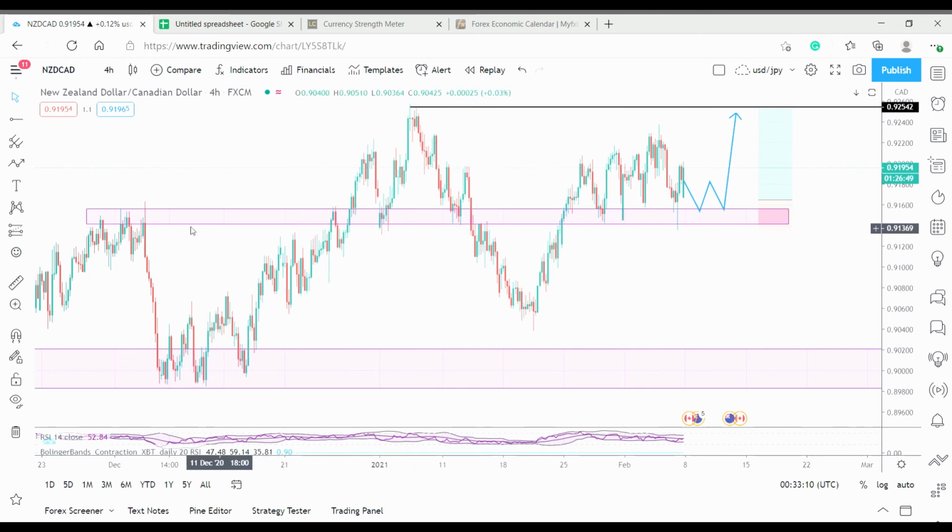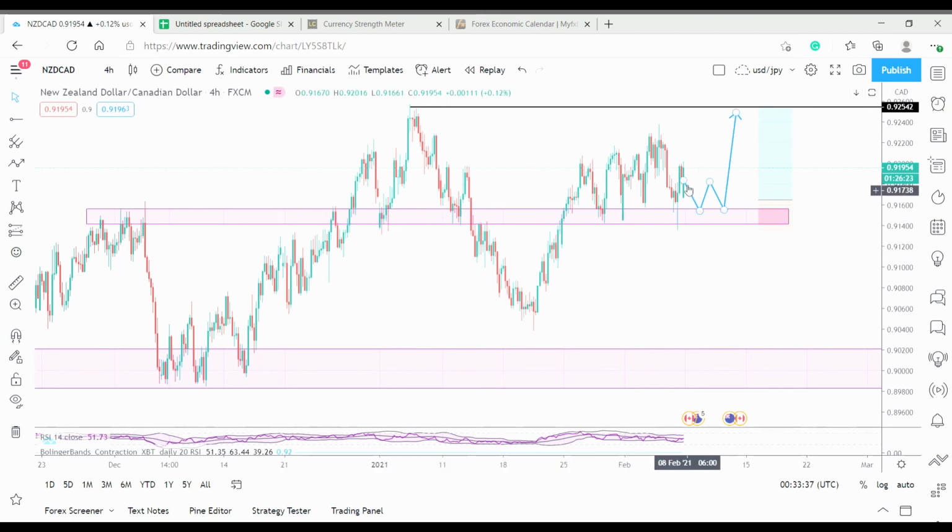The market faced several rejections at first, then broke over it, came back to retest it. Well, that only says that this area here is a major key level or price rejection area. I mean, a lot of price rejection happened at this level.